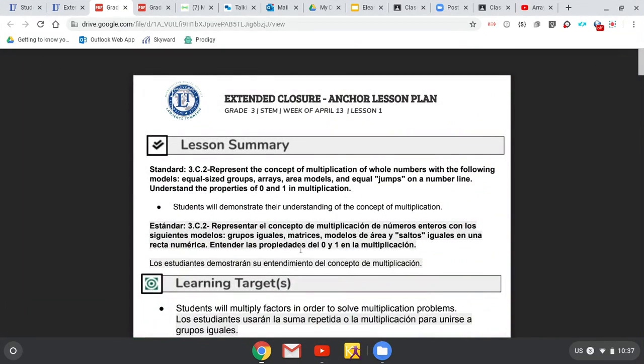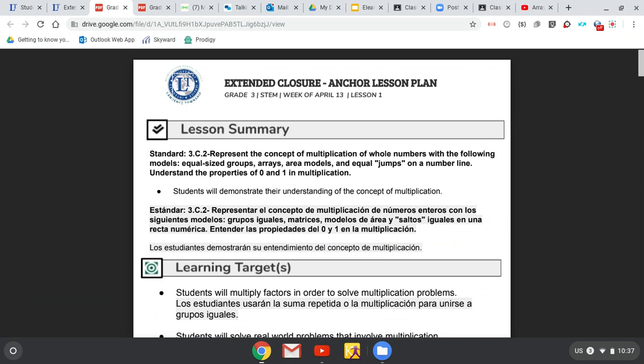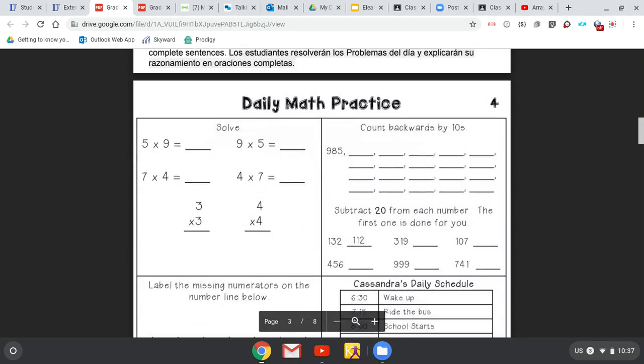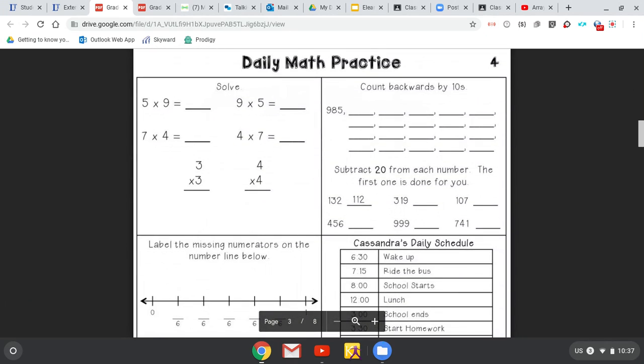Today you are working on the concept of multiplication, and you are representing it with arrays. Go ahead and skip through these directions and let me show you what to do. First page shows a daily math review. It's called Daily Math Practice.